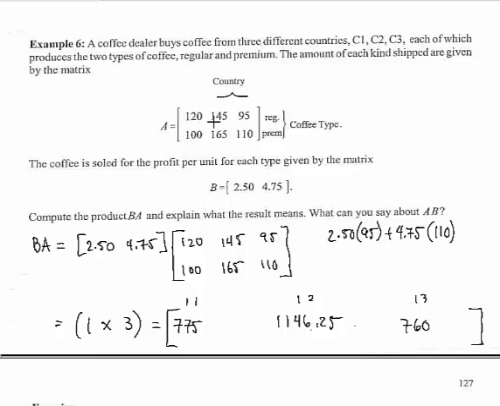We had 145 of the regular and 165 of the premium, which is where we get most of our profit, the premium coffee. I encourage you to check this with your calculator. Hopefully my answers turn out to be correct.